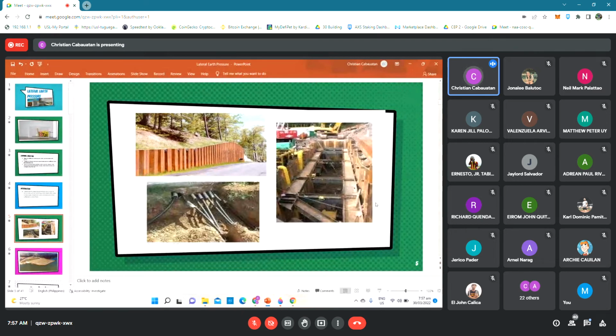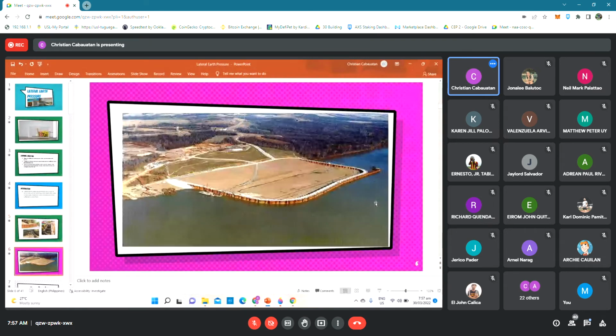And one more thing is here, it is placed between the body of water and the soil part.